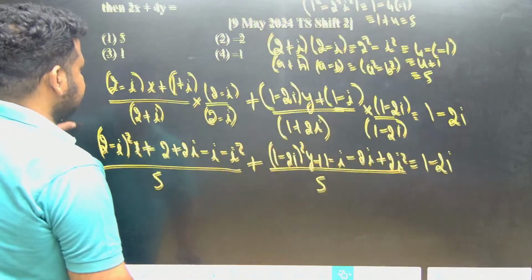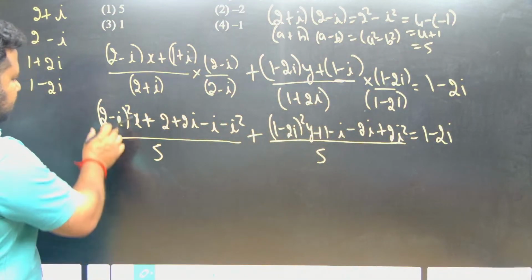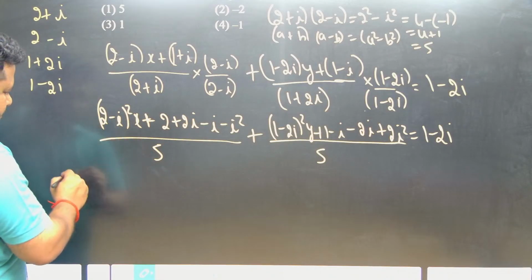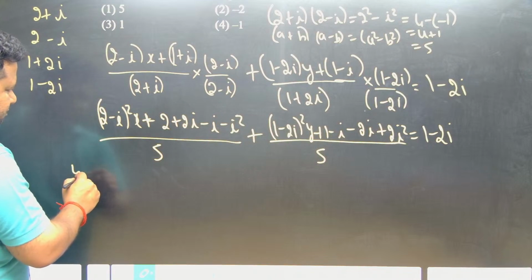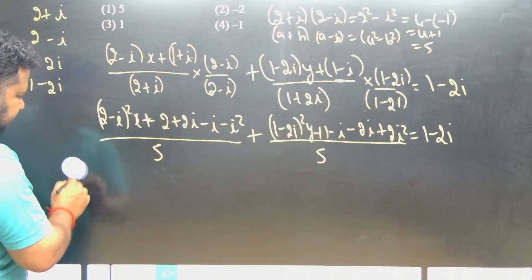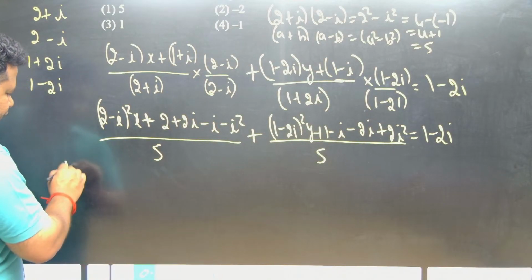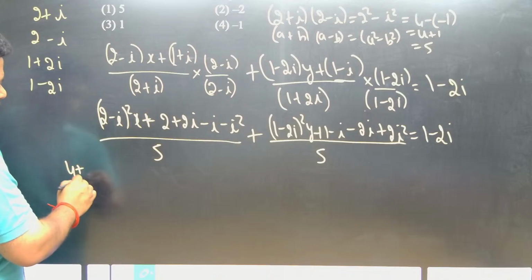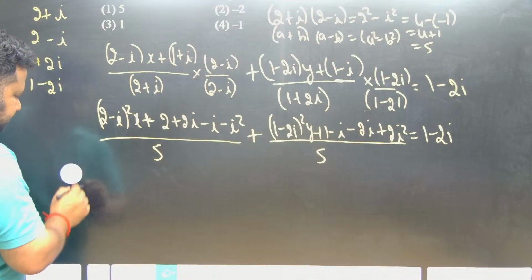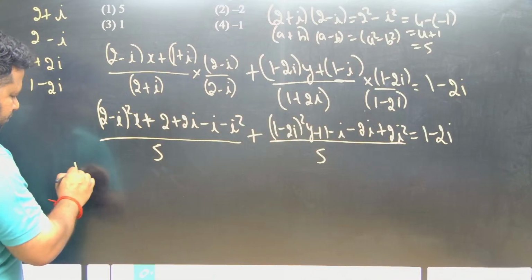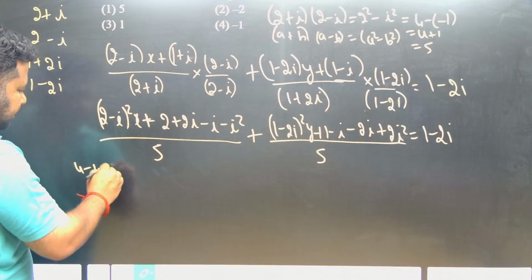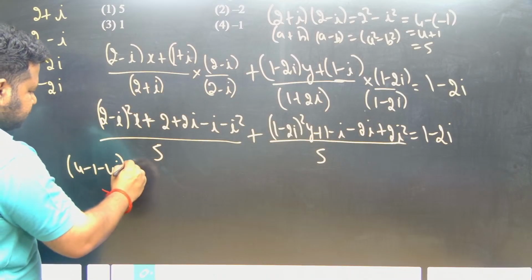Let us simplify this further. What will we get? (2 - i) whole square I will write as 4 plus i square, with a minus b whole square giving minus 2 into 2 into i, that is 4i. 4 plus i square, where i square is minus 1, so 4 minus 1, minus 4i, into x.